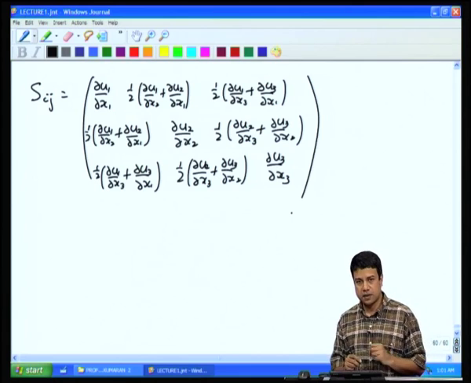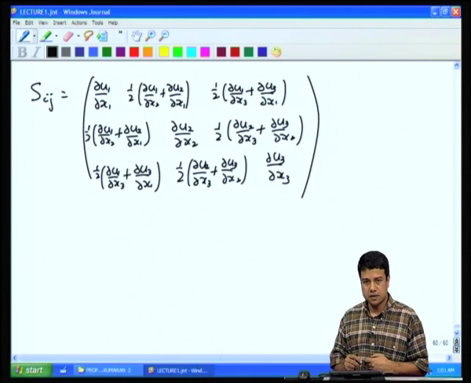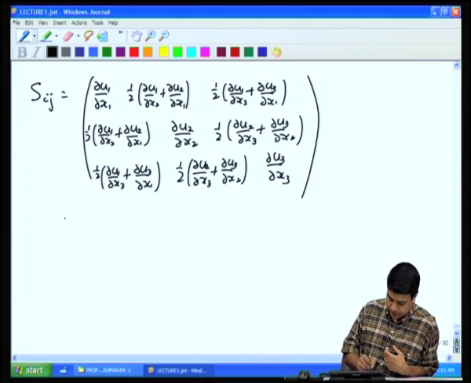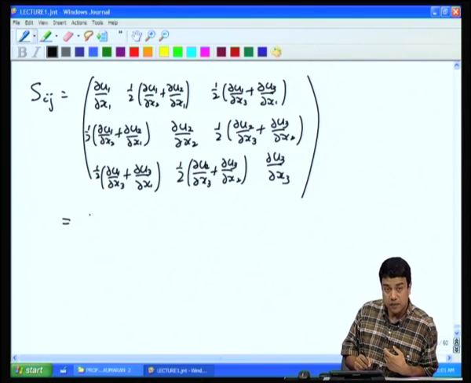Here is a symmetric matrix, and I can write it as the sum of 2 parts. One is a matrix which is just an identity matrix, times 1/3.